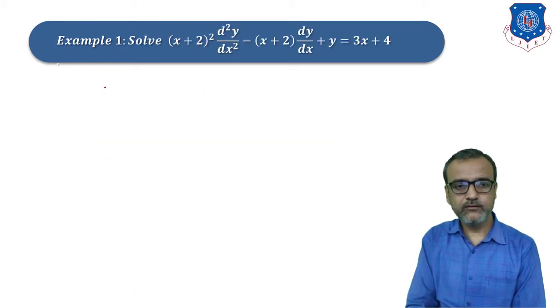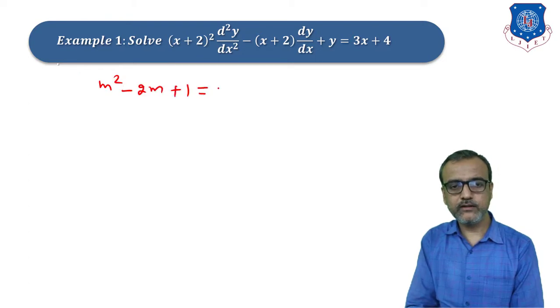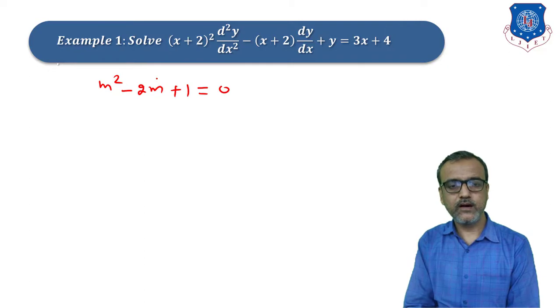So we have m square minus 2m plus 1 equals 0. Now we will split the middle term 2m to factorize this equation. We will find two numbers whose product is 1 and addition is 2, and those two numbers are 1 and 1.